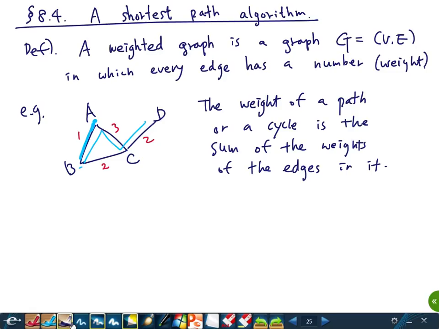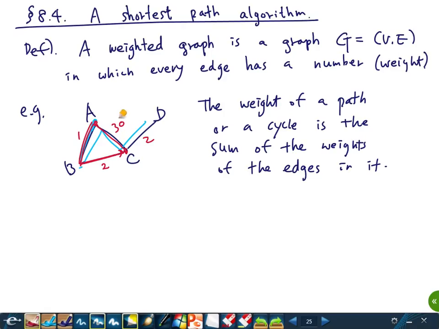Okay? So for instance, let's say the weight is like 30. And yeah, so suppose you want to go from city A to city C. This is the direct path, but it takes a longer time if this is the time that you need to go from here to here. So you need to use this and this.